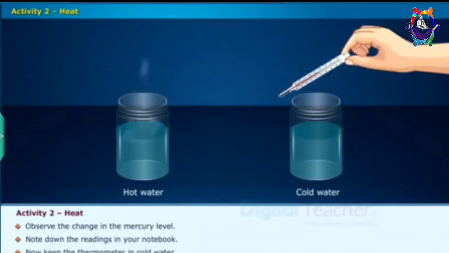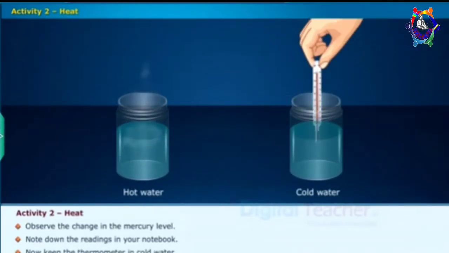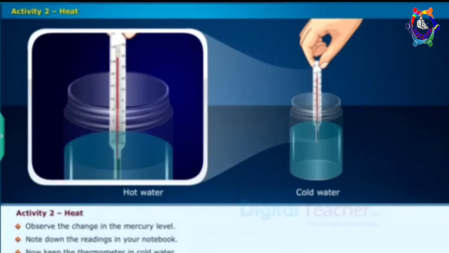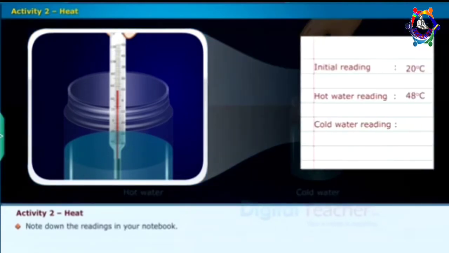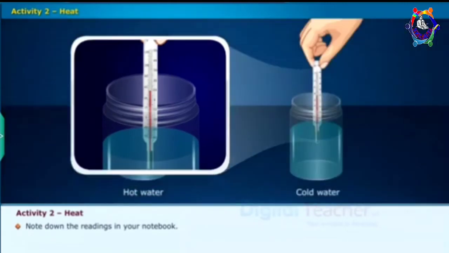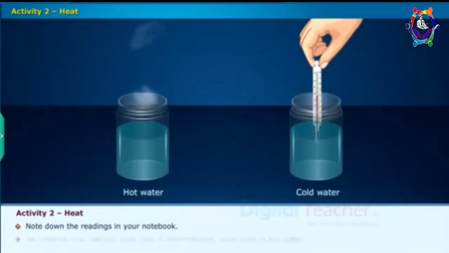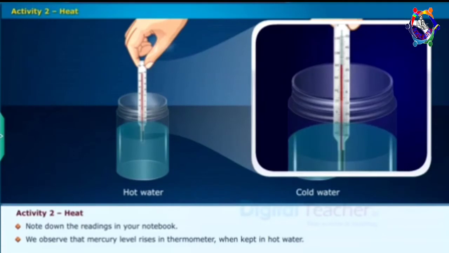Now keep the thermometer in cold water. Observe the change in the mercury level. Note down the readings in your book. We observe that mercury level rises in the thermometer when kept in hot water.